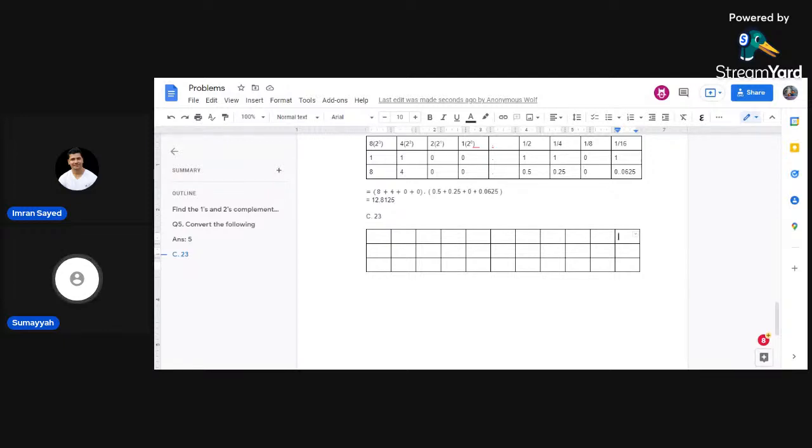We put the place values here as well. I can go up to 16 as 32 is bigger than 23.